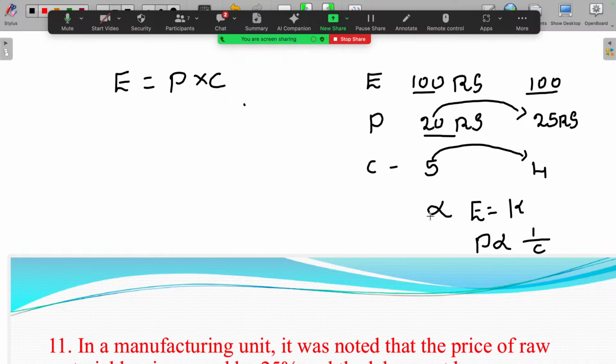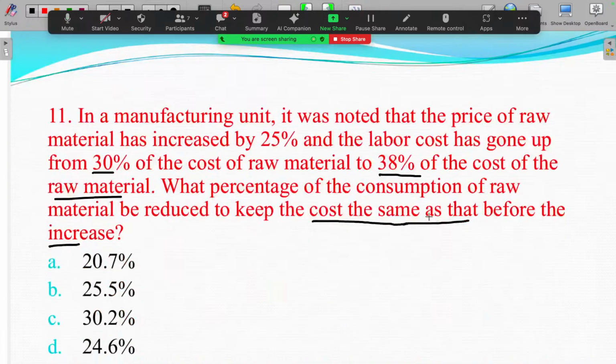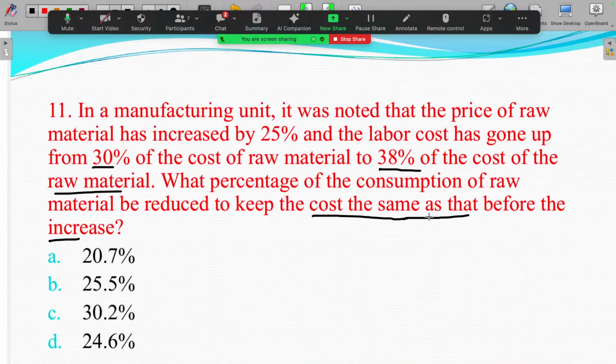Next. Now in this question, in the manufacturing unit it was noted that the price of raw material has increased by 25 percent. Method 1 and method 2, both I will show you.